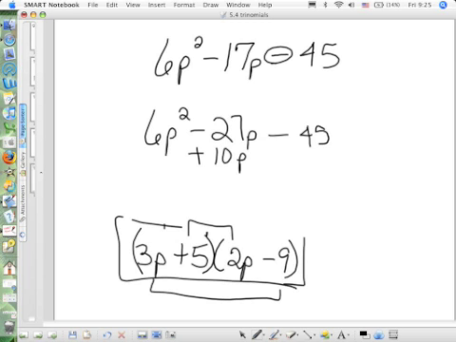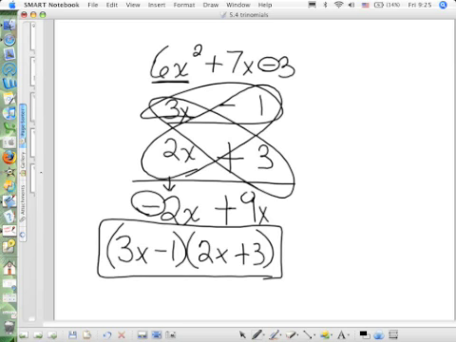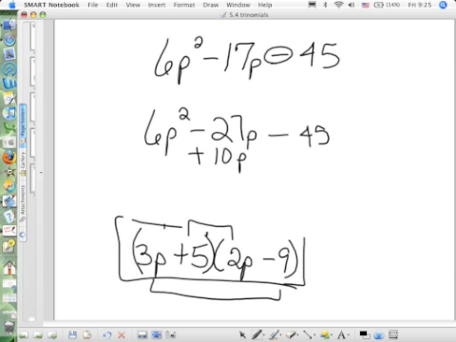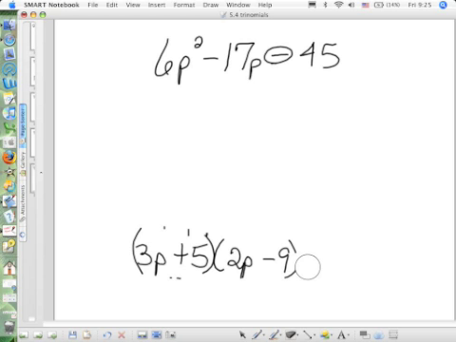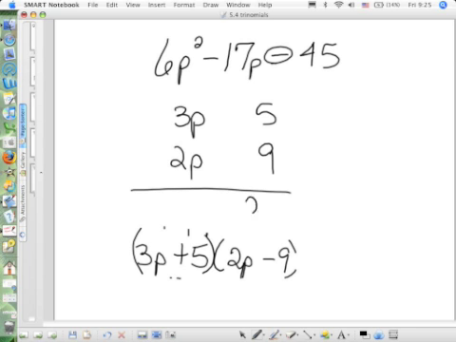How do you know to determine which one's positive and negative? Okay.